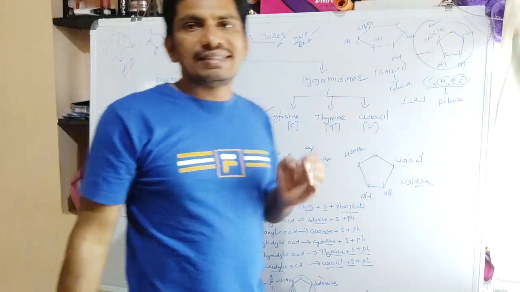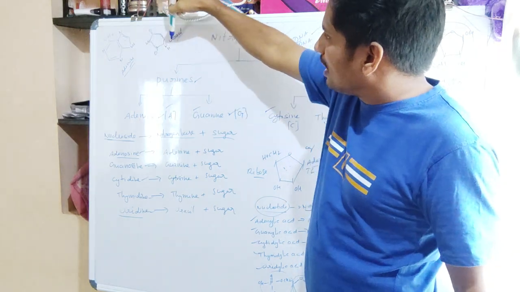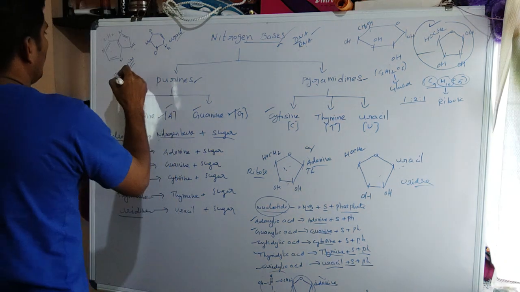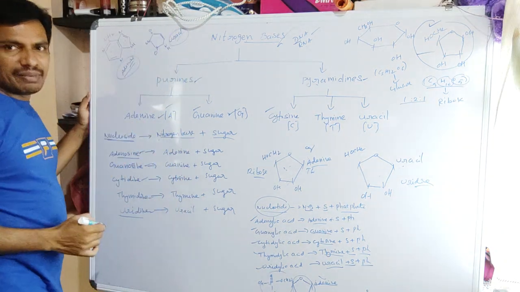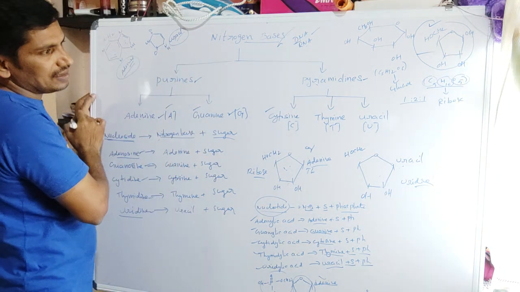Uracil has a single ringed structure. We are taking one purine and one pyrimidine as an example. Adenine is the purine, uracil is the pyrimidine, which has a single ring. Here two rings are present.